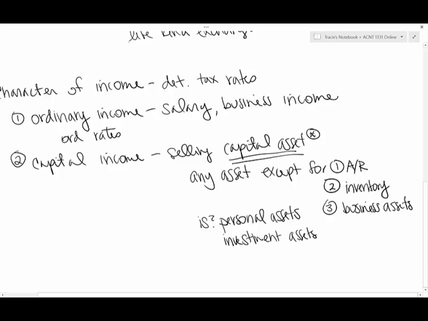If you sell a capital asset, we have to determine whether it's long-term or short-term. A long-term asset is one you've held for more than 1 year. A short-term asset is an asset that you have held for less than 1 year. I should say an asset that you've held for 1 year or less.